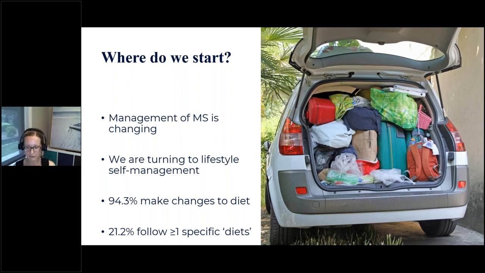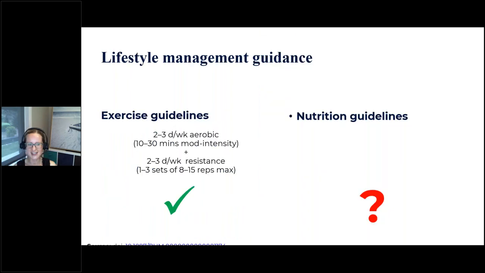It may be that each individual has something that's going to work for them, but as a whole, we don't yet have those recommendations. That's a nice segue to my next slide, because we have those recommendations for exercise, which is one component of lifestyle management, but in the nutrition space, we're not there yet. We still have a lot of consistency to find in the area of nutrition or healthy eating.